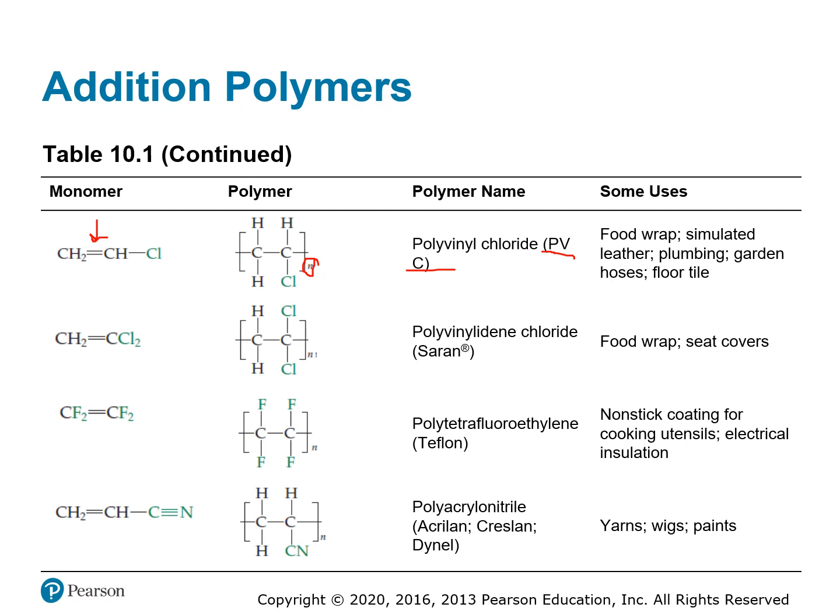And this vinyl chloride here is similar to ethane or ethylene in the sense that ethylene is CH2 double bond CH2, and in this particular monomer you have replaced one of the H's bonded to the carbon with a chlorine atom. So that's the change here.